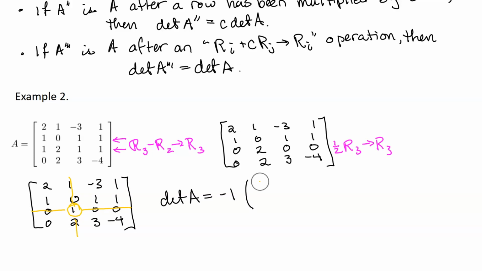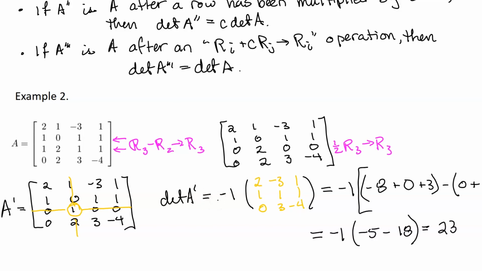So that'll be 2, -3, 1, 1, 1, 1, and 0, 3, -4. And computing the determinant of that is going to give me the following. So the determinant of our A prime is 23.